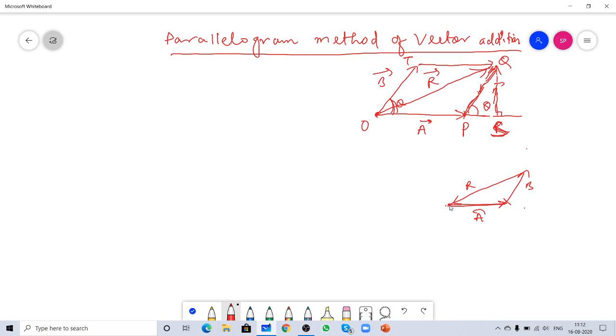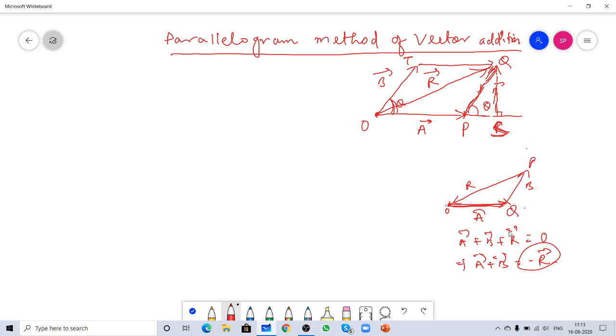So if I start from point A, I am reaching the same point here, O, after some time. Then I can write that A vector plus B vector plus R vector is equal to 0, or A vector plus B vector is equal to minus R vector. So your minus R vector means, I can write this one as OPQ.